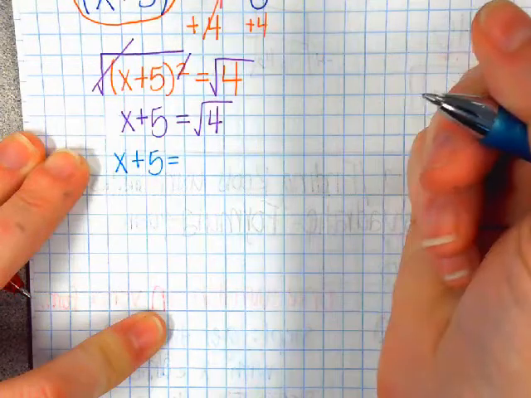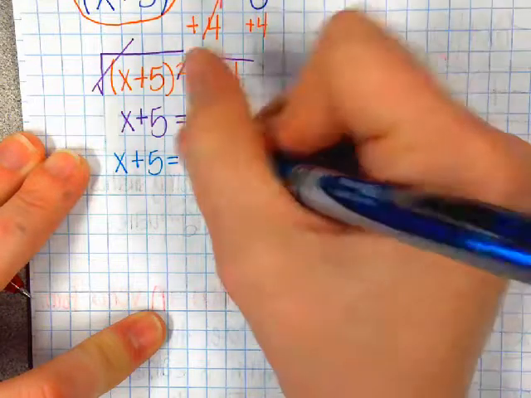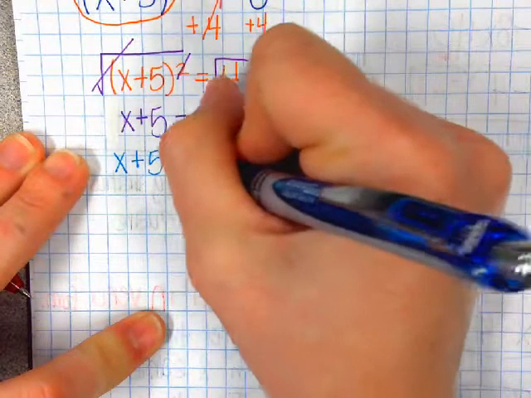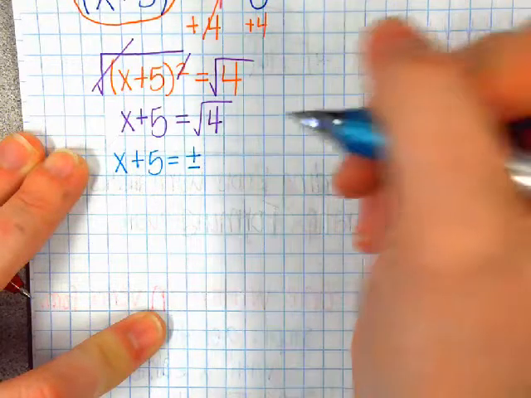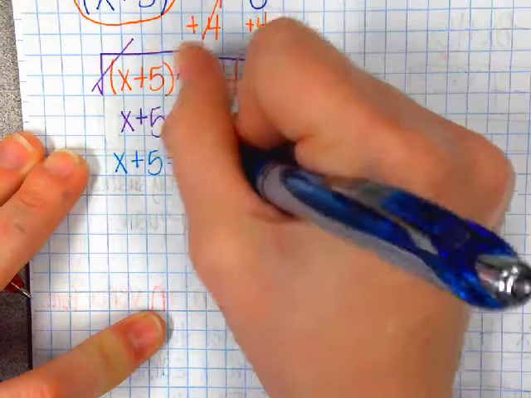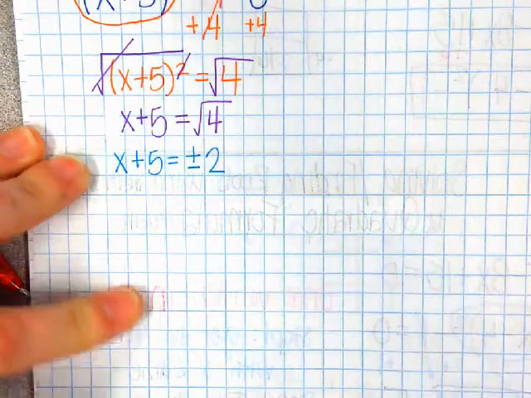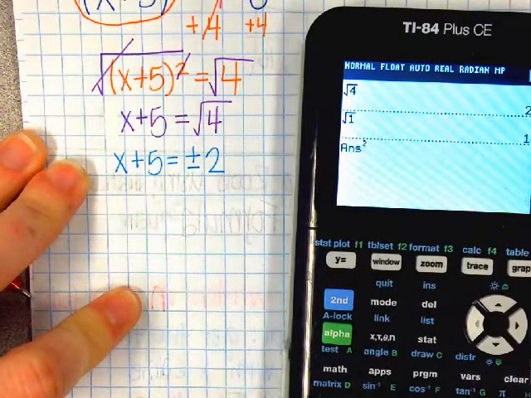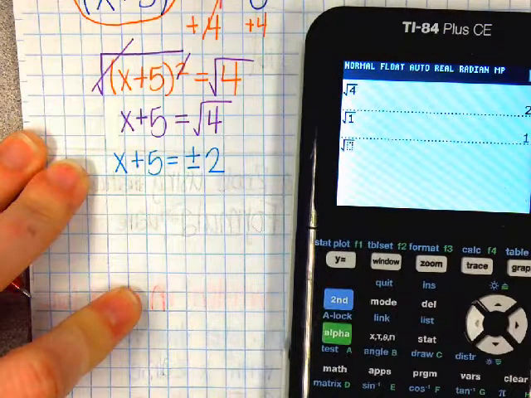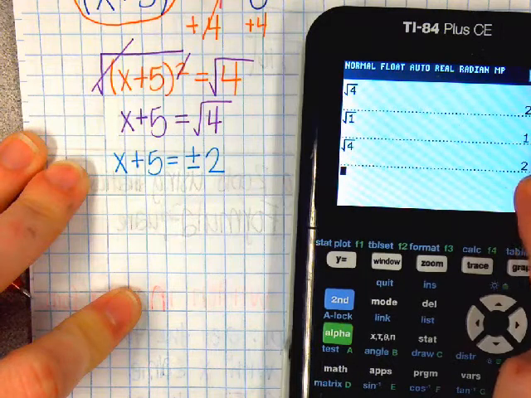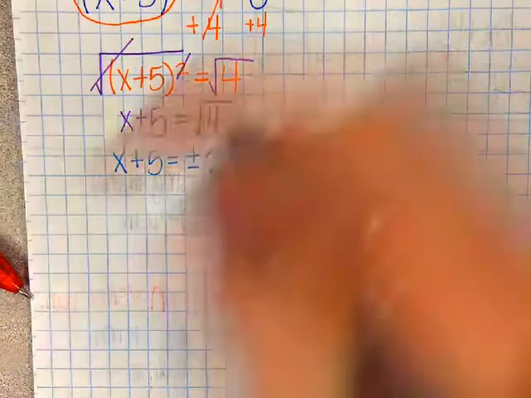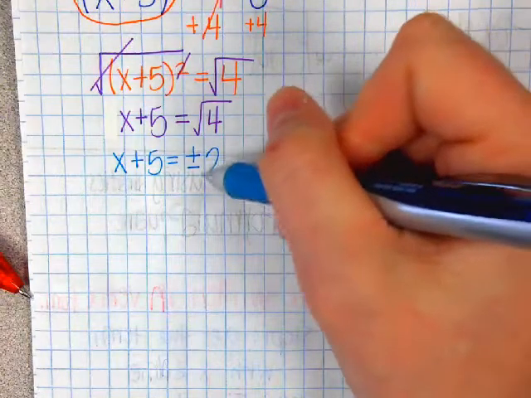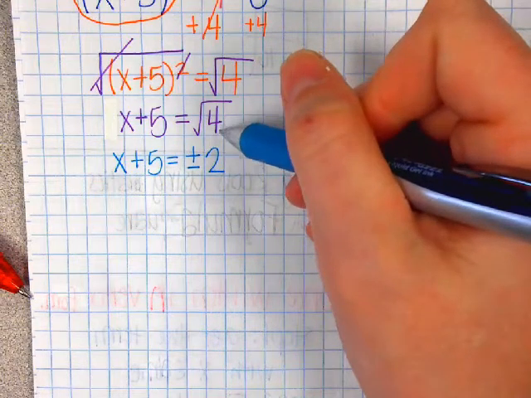Okay, what is the square root of 4? It's 2. What is the one thing that's different about this than you normally would think? You always have to put plus and minus 2. So when you type in the square root of 4, second, the x squared button, 4, it's going to give you 2.